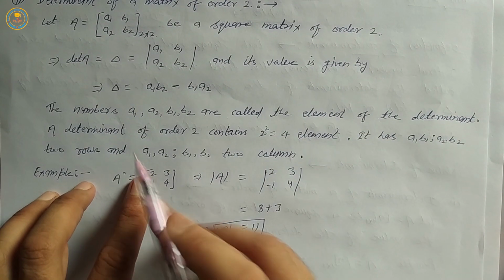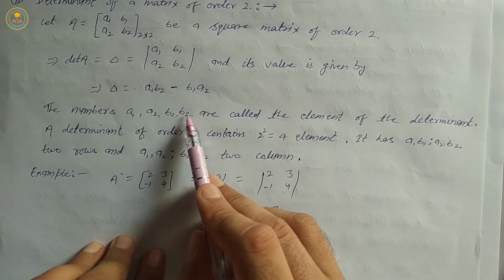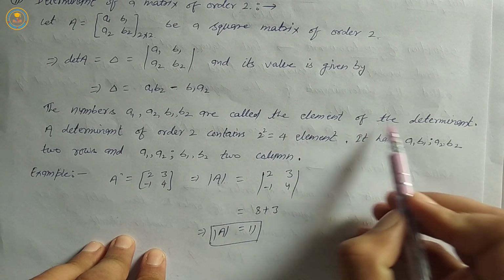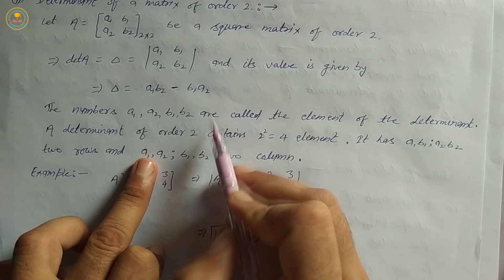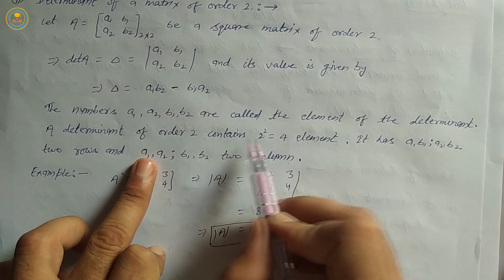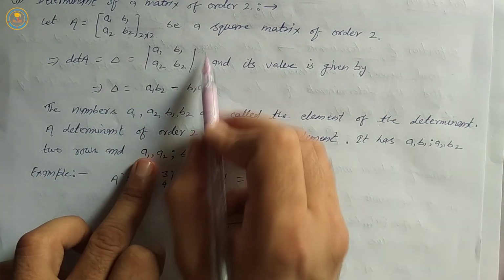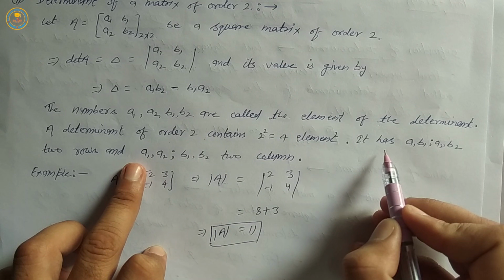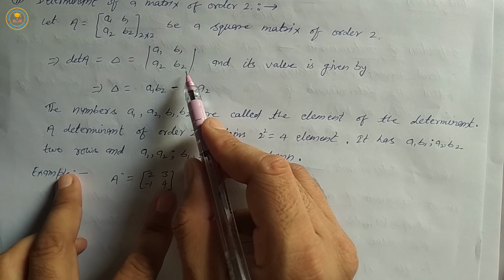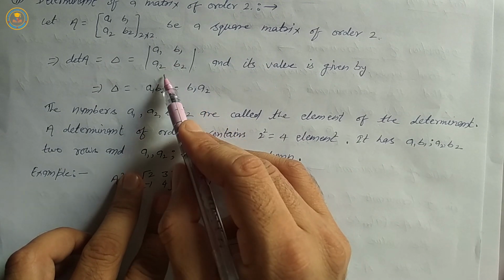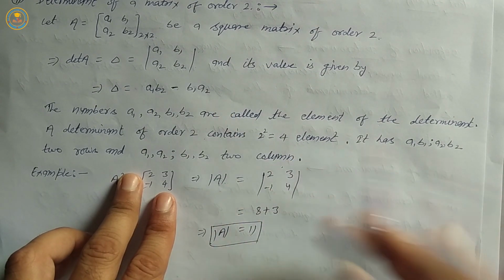The numbers a1, a2, b1, b2 are called the elements of the determinant. A determinant of order 2 contains 2 by 2 is equal to 4 elements. It has a1, b1 and a2, b2 as 2 rows, and a1, a2 and b1, b2 as 2 columns.